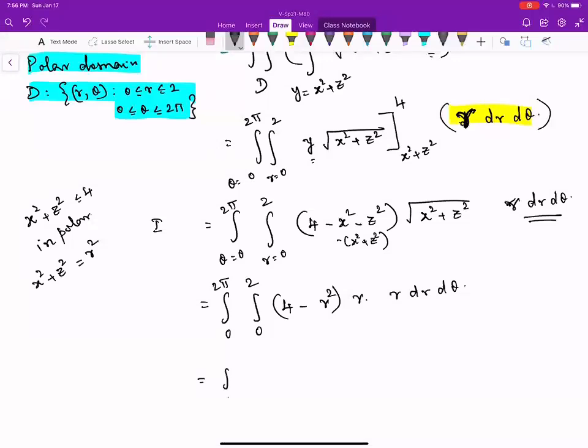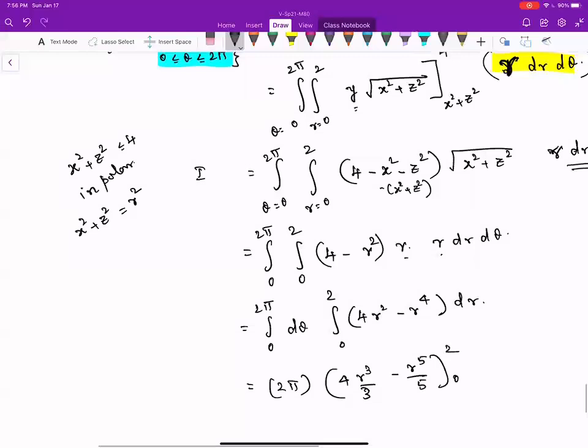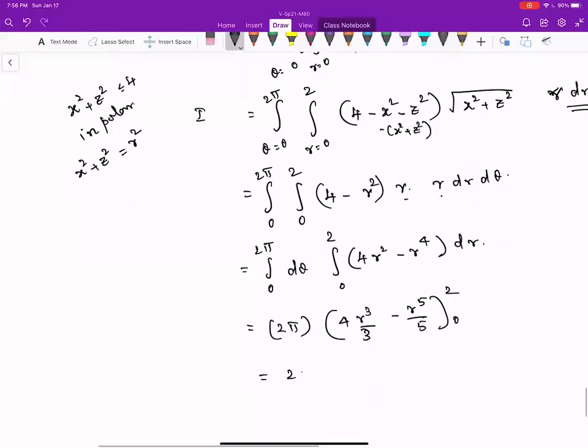So we can separate the variables here: integral 0 to 2 pi d theta, then integral 0 to 2, 4r square, if you distribute, minus r to the power 4 dr. So this will be 2 pi times 4r cube over 3 minus r to the power 5 over 5, between 0 and 2. So it will be 2 pi times 32 over 3 minus 32 over 5.